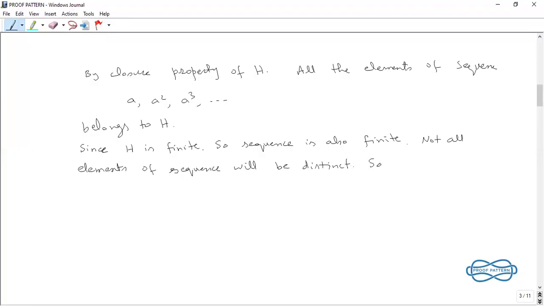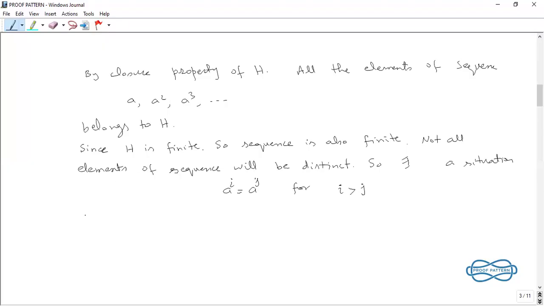So there must exist a situation that a^i, a to the power i, is equal to a to the power j for i and j, and because i and j are integers, we can assume i is greater than j.